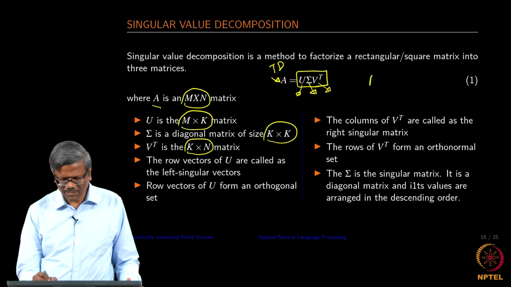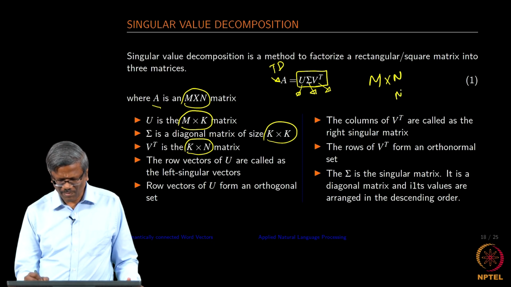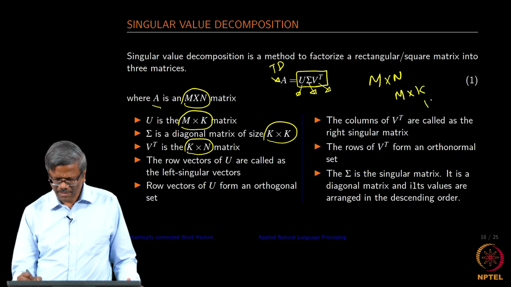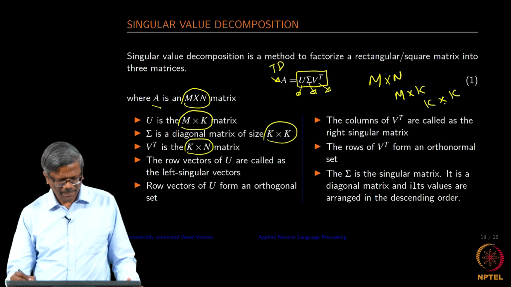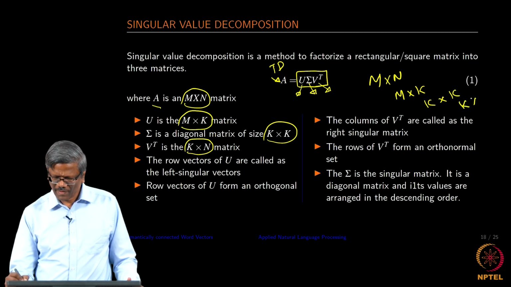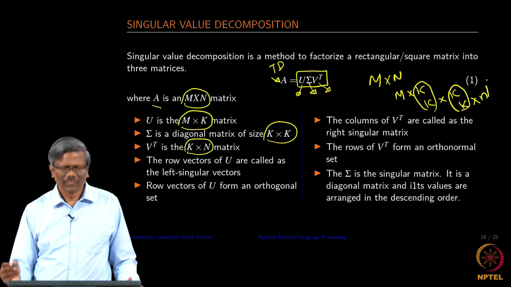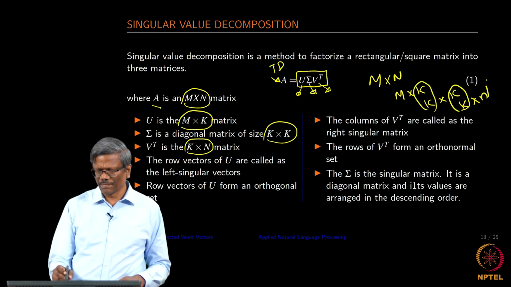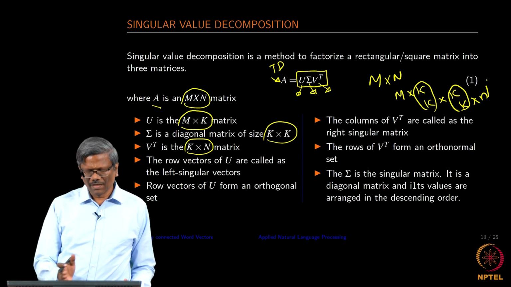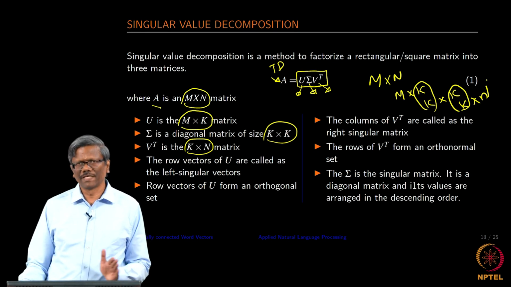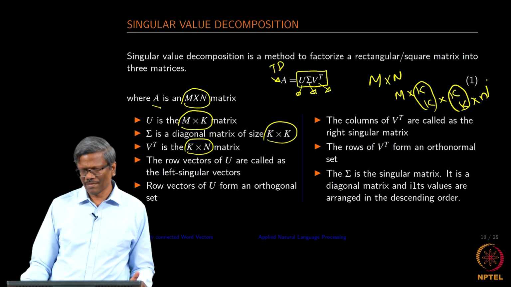So, if you look at this, m by n is transformed into m by k, k by k, and k by n. When you multiply these matrices, it is again equal to A, which will be the same size as the original matrix.